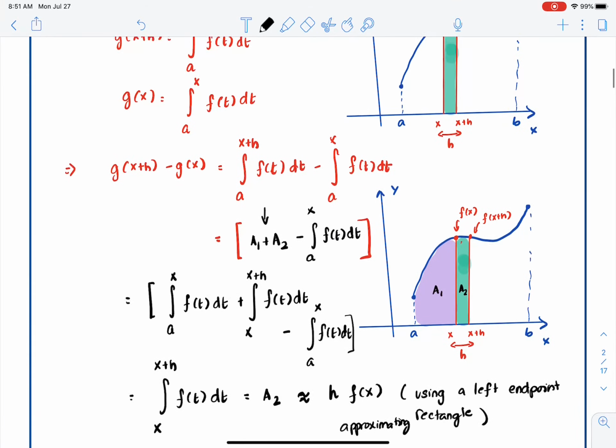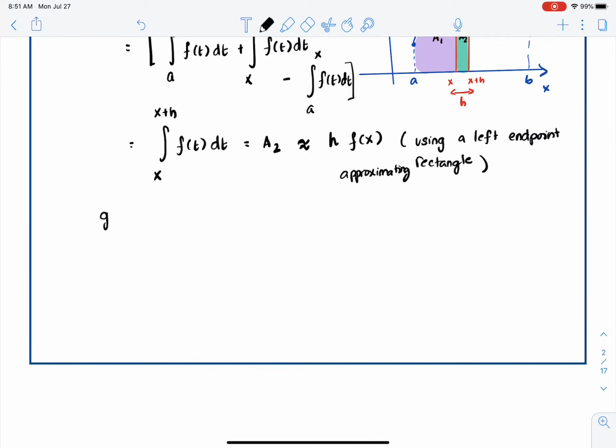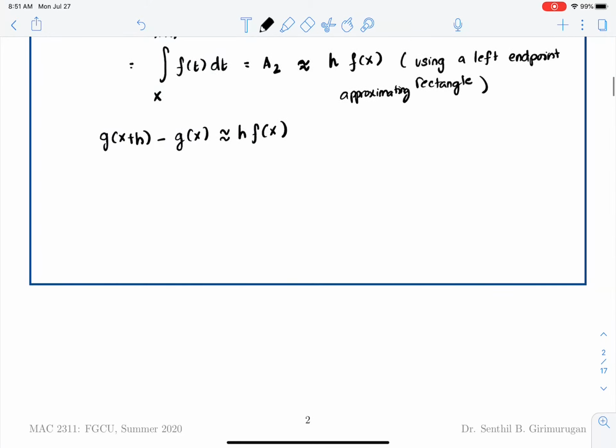So what we have shown is g of x plus h minus g of x is approximately equal to h times f of x.